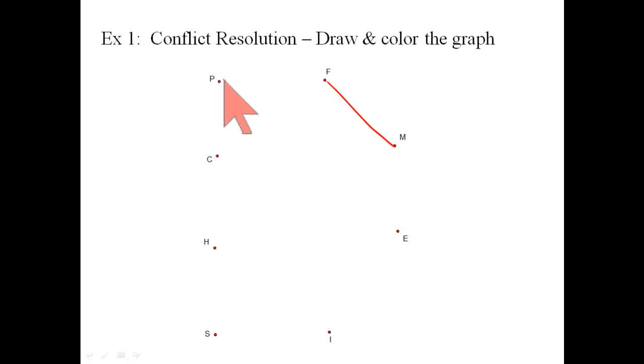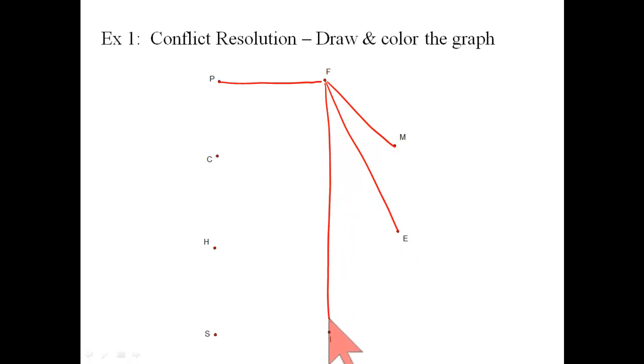There was a student taking both French and philosophy. Connect those. French and English, yes, connect those. French and Italian, yes, connect those. French and Spanish, no. French and chemistry, yes.